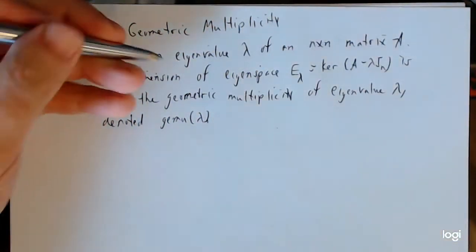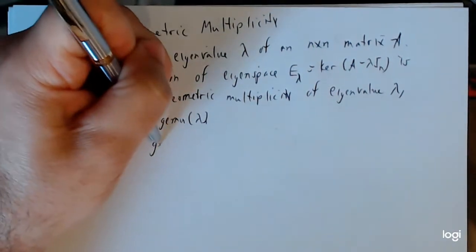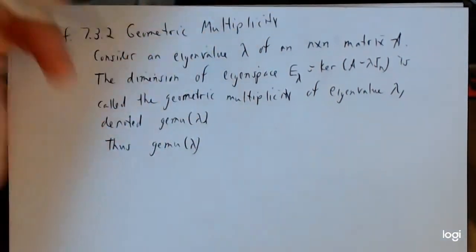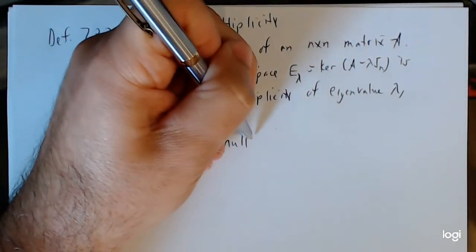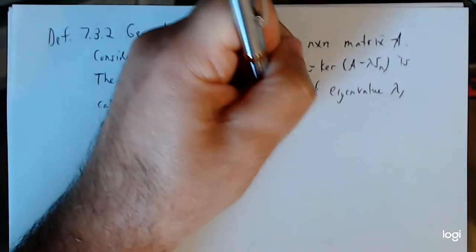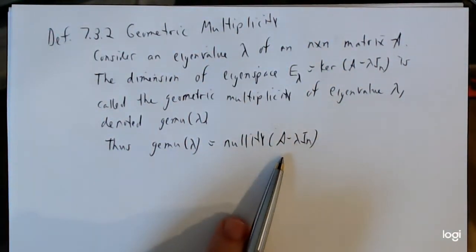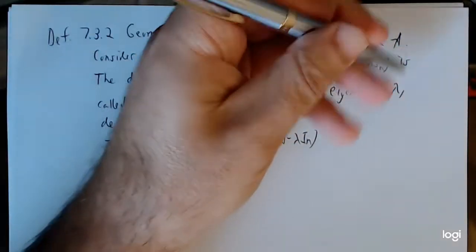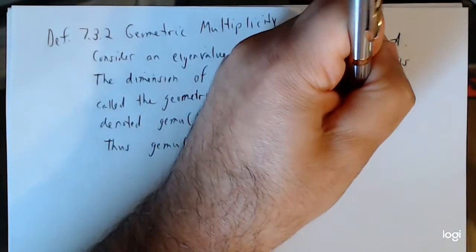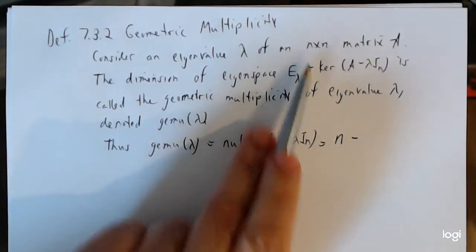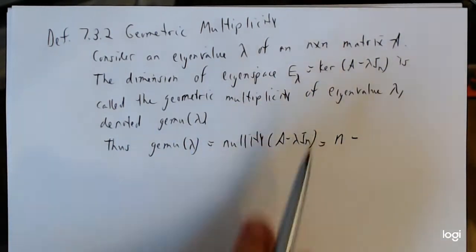Okay, so using that understanding, we know that the geometric multiplicity of lambda is literally what? The nullity of A minus lambda times I sub n, which, remember, is the dimension of your kernel, which is the same thing as saying what? It's n minus, right? If I have an n by n matrix, its dimension is n, but then what do I want? I want the dimension of the kernel.